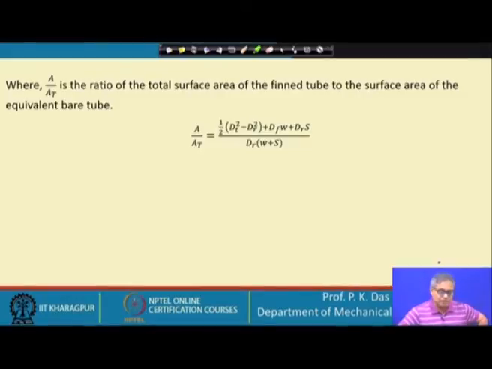Here I have shown A by A t, the ratio of the total surface area of the fin tube to the surface area of the equivalent bare tube. With this we can calculate the required quantities.